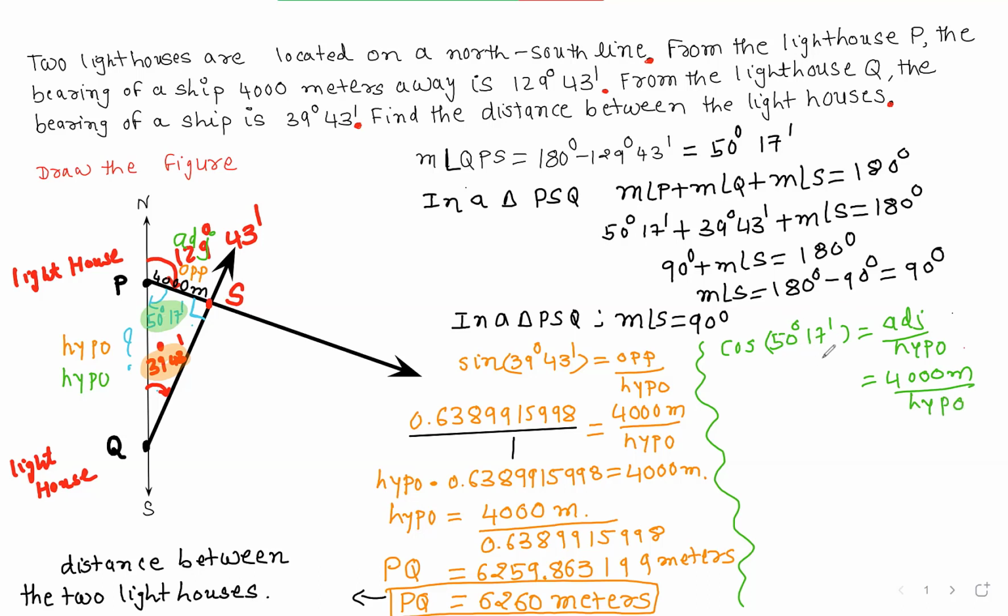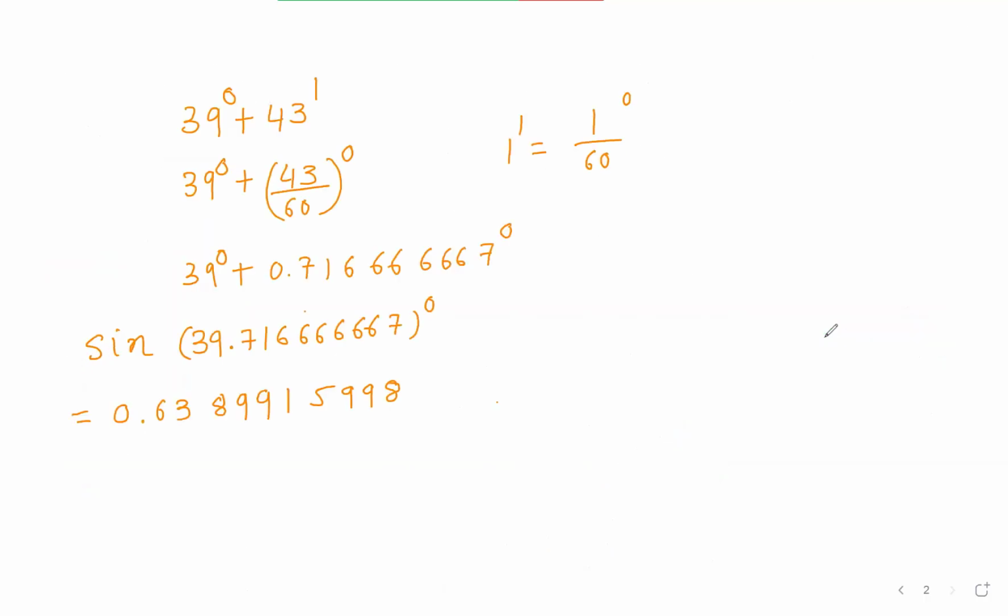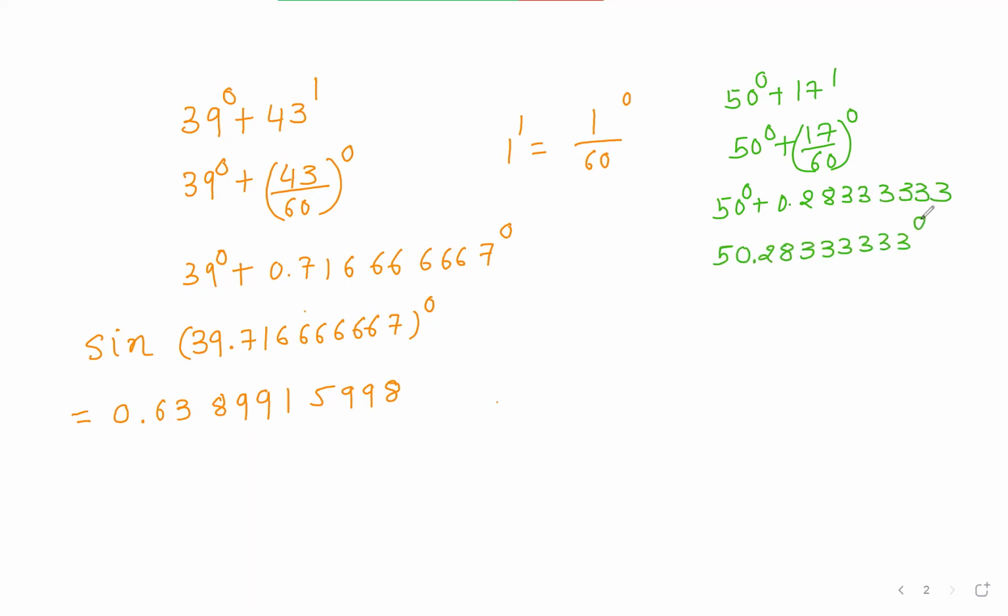And now we'll change these degrees and minutes into decimal degrees. Let's check it out. 50 degrees plus 17 minutes. We know that 1 minute equals 1 over 60th of a degree. So we can write this as 50 degrees plus 17 over 60 degrees. Simplified, 50 degrees plus 0.28333. Add them up, 50.283333 degrees. Now we will apply cosine on it.